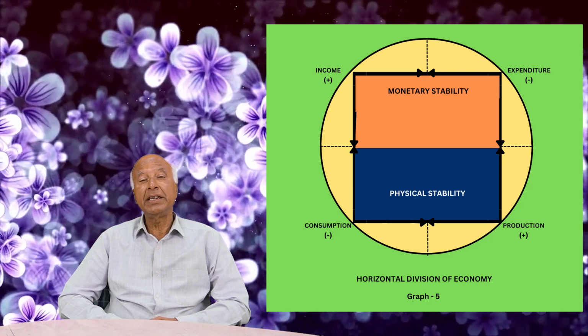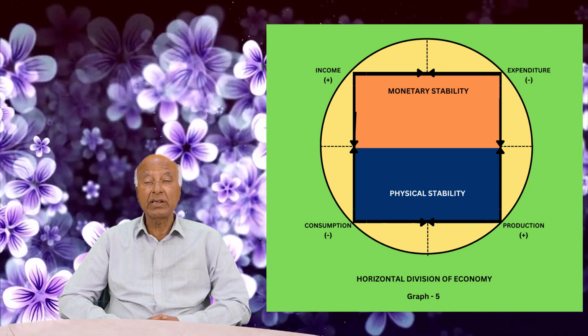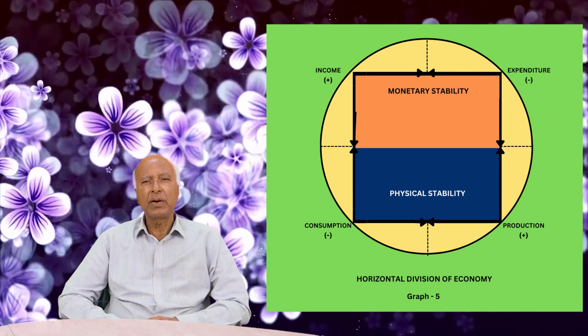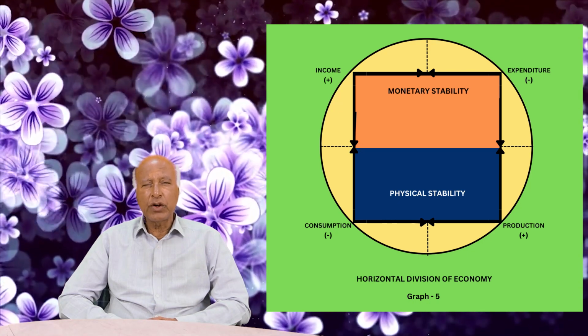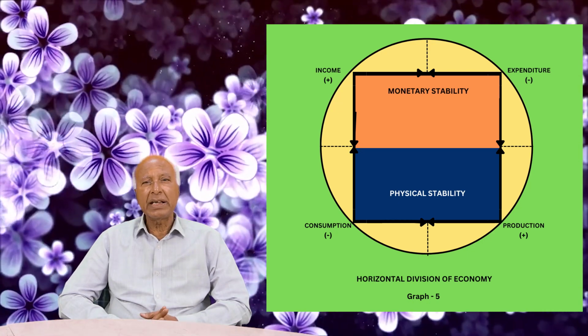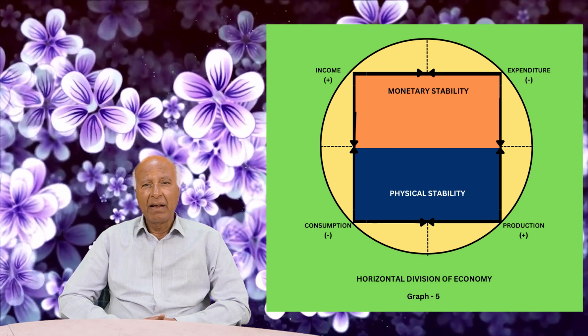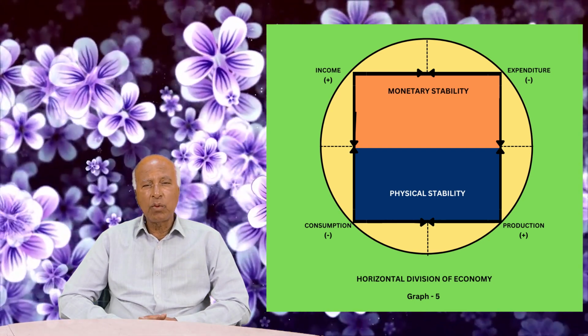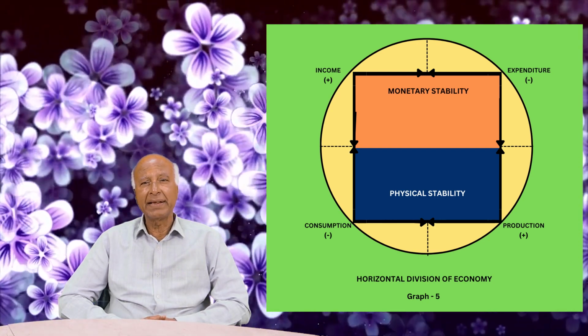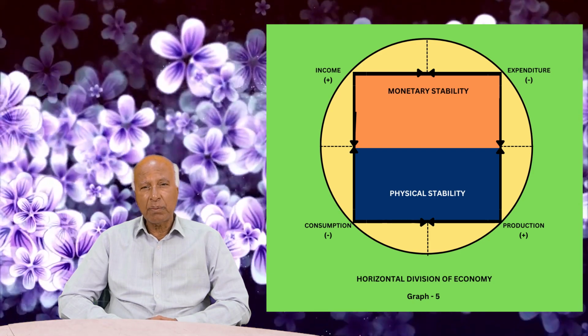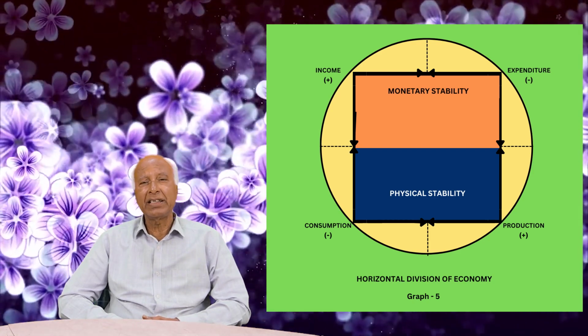So the stability between the two physical forces of consumption and production is equally important, because if you are lacking physical commodities to produce something, the production cannot increase within the economy.